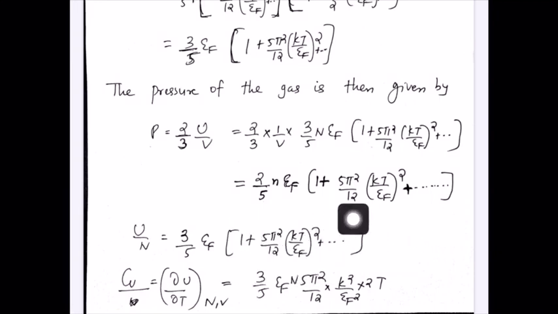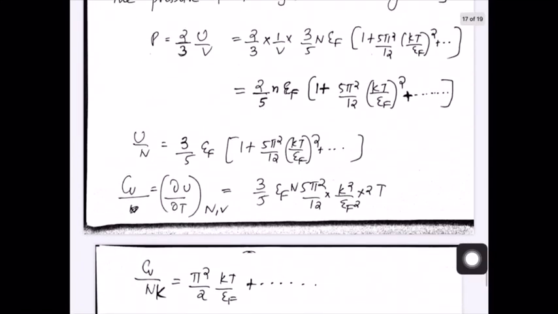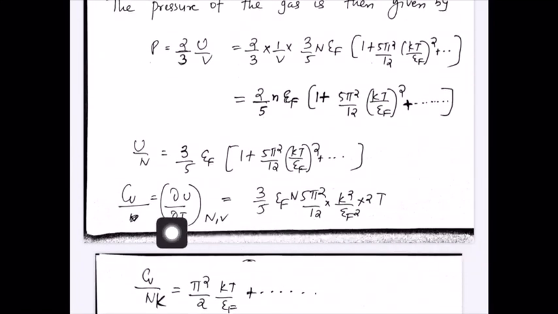Okay. Then the CV. We are calculating the CV. CV is dU by dT. Okay, we have to differentiate this thing with the temperature. So that will be 3 by 5 epsilon f, and we are differentiating this with temperature. Okay, here we have (kT) square.